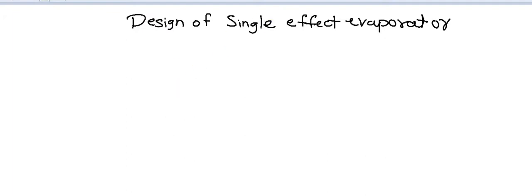I just draw this single effect evaporator diagram. This is our evaporator.